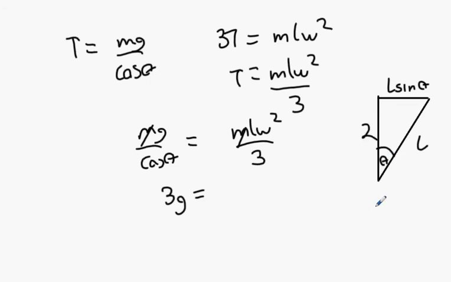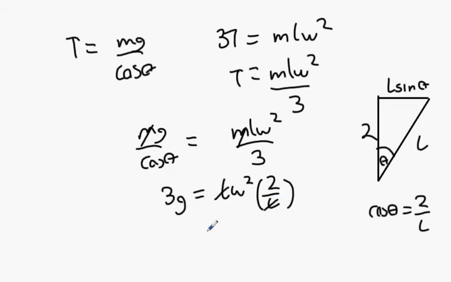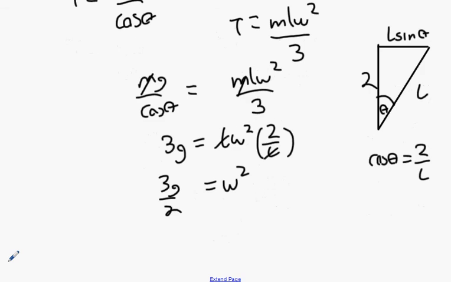But you can say cos theta is adjacent over hypotenuse, which is 2 over L. So that will get rid of our cos theta, which would have been L omega squared cos theta. But the cos theta itself is 2 over L. So 2 over L, and that would mean that the L's would cancel. And then we get 3g over 2 equals omega squared, and then omega equals the square root of 3g over 2, and that's what we were asked for.